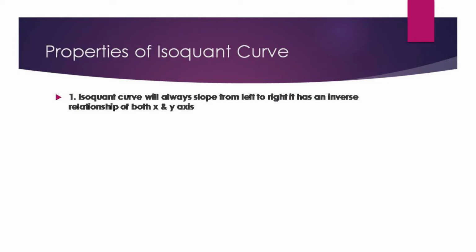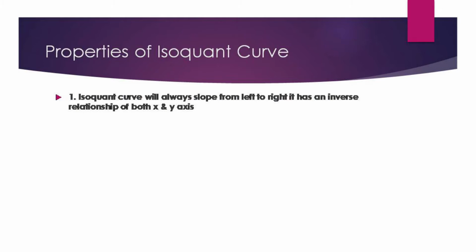It has variation, so it will always slope from left to right, with an inverse relationship between x and y. Any one factor cannot do any work on its own, either the land or the capital, so you need the help of the other also.